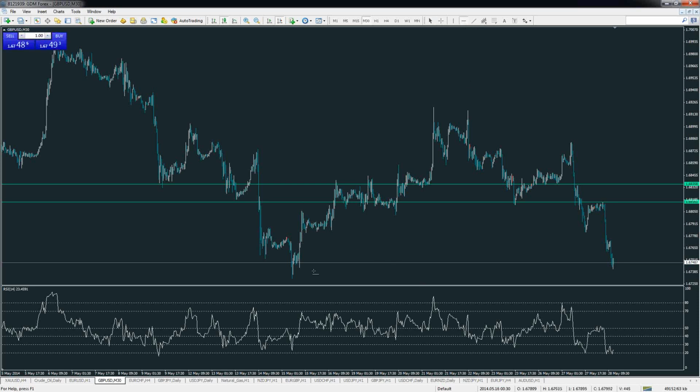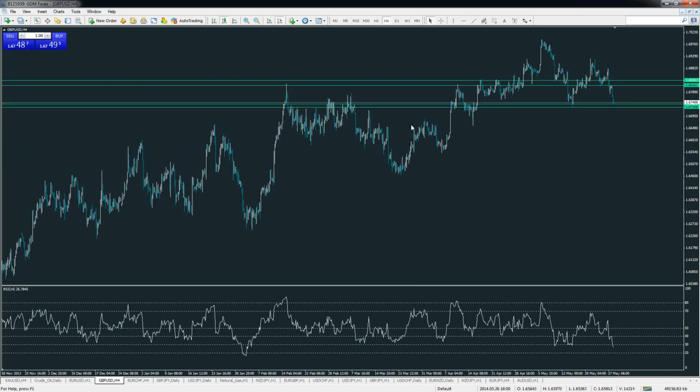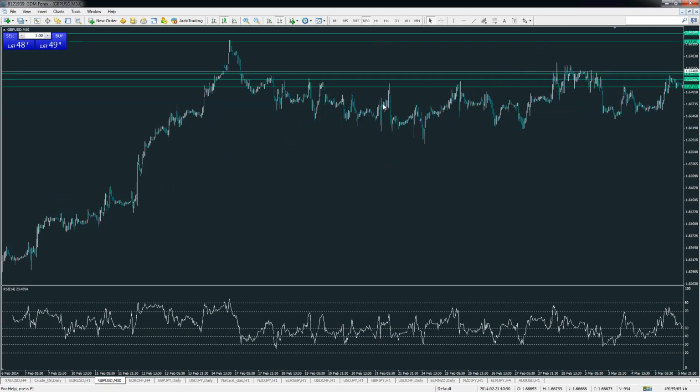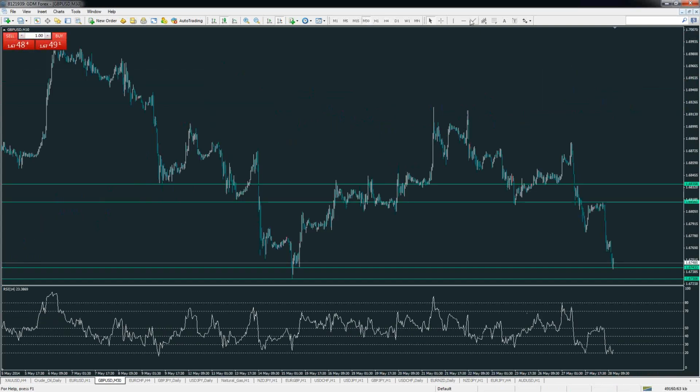Now, below the current price, we have quite a few levels here on the 30-minute chart. You can, of course, expand it to a bigger time frame, as we can see on the 4-hour chart, so we can manage to put a few more lines that are going to do a pretty good job for us. Finding those levels is not a difficult job.